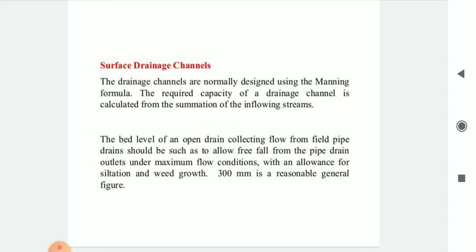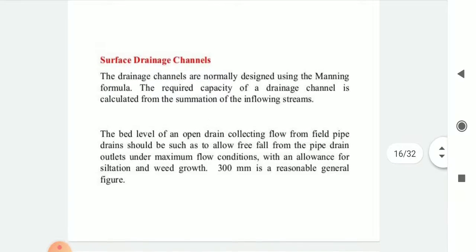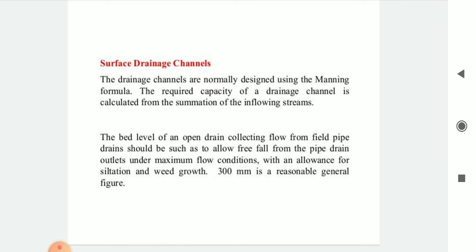The required capacity of a drainage channel is calculated from the summation of the inflowing streams. The bed level of an open drain collecting flow from field pipe drains should be such as to allow free fall from the pipe drain outlets under maximum flow conditions, with an allowance for siltation and weed growth.